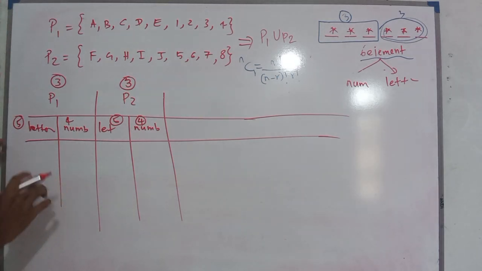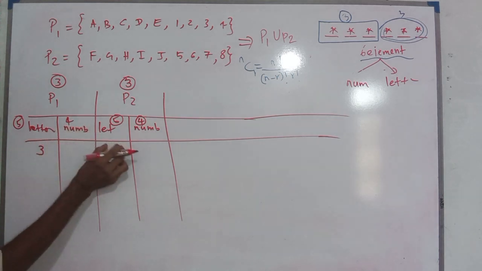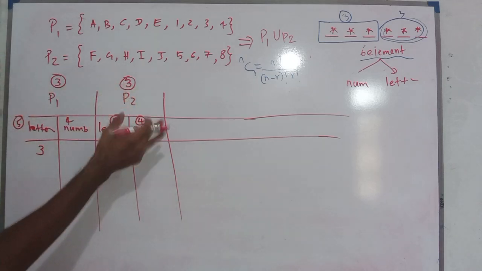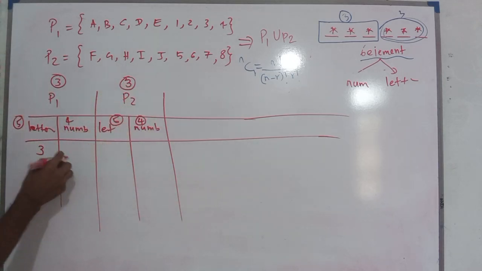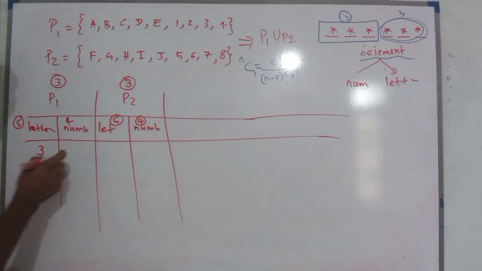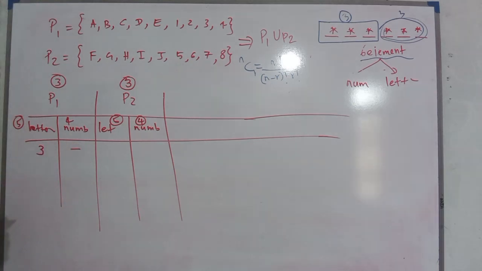Now all three elements can be letters. So if we select all three letters from P1, we have to select the rest three elements from P2, right? Here we have given all the chances to the letters, so numbers will not get any chances.